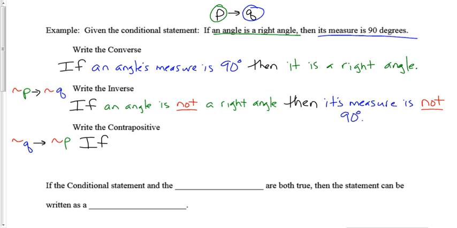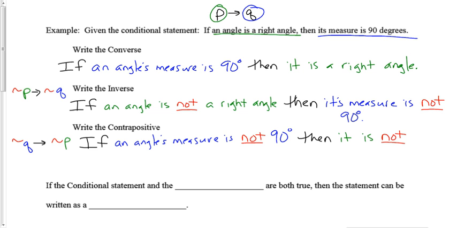And I have the opposite of Q. So if an angle's measure is not 90 degrees, then it is not a right angle. So again, the contrapositive is the one most people remember because you do both. You just switch it and you not it. You don't even have to think too much.